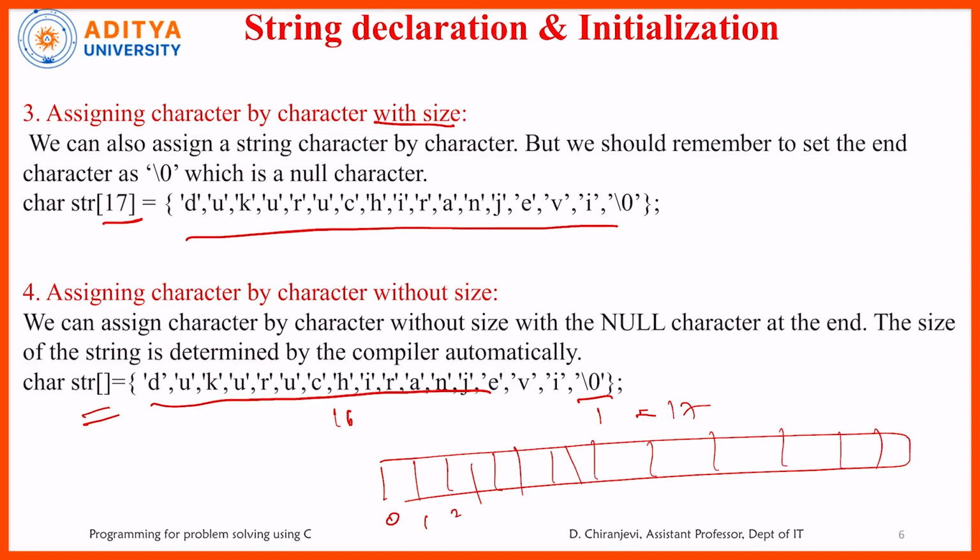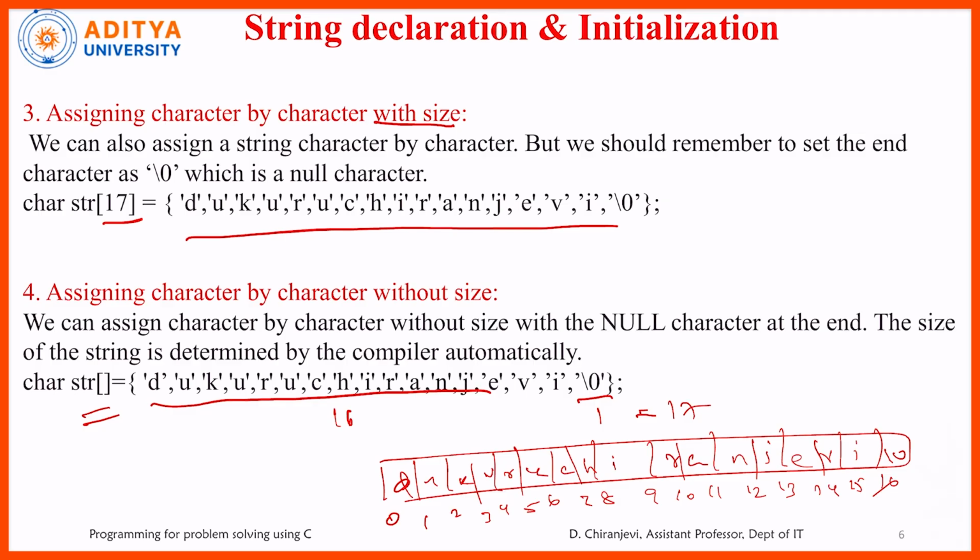Then it will store characters at indices 0, 1, 2, 3, up to 16. It will store DUKURUCHIRANJEEVI and then the null character. In this manner, all the characters will be stored in memory.